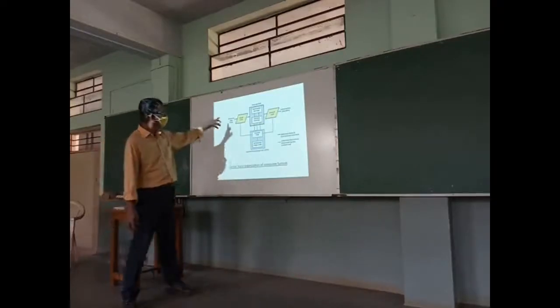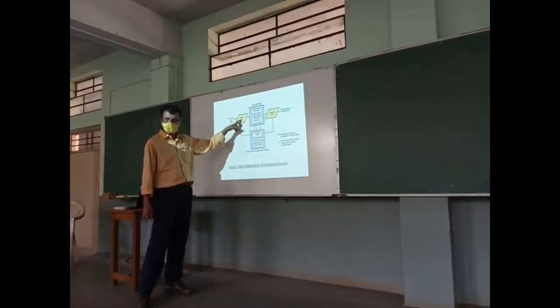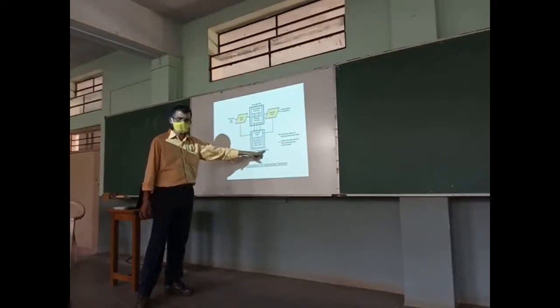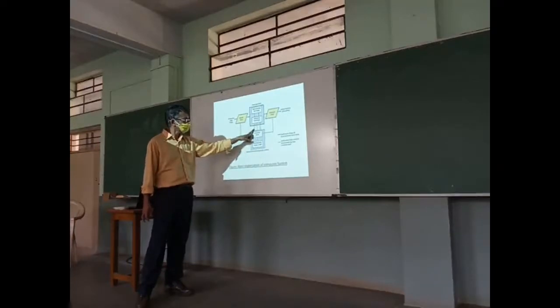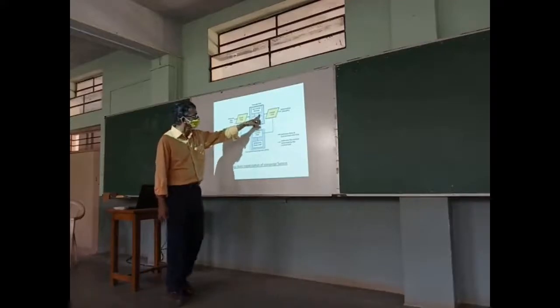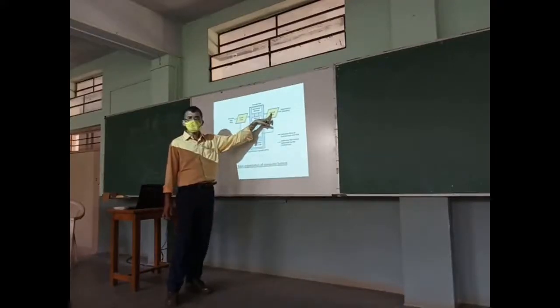Data and programs are inputted through the input unit, stored in the memory, and passed on to the central processing unit, where processing is carried out. After the processing, data is passed on to the storage unit, and once the processing is over, it is made available to the output unit.